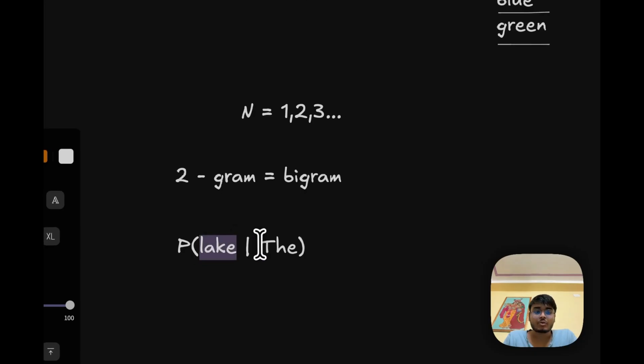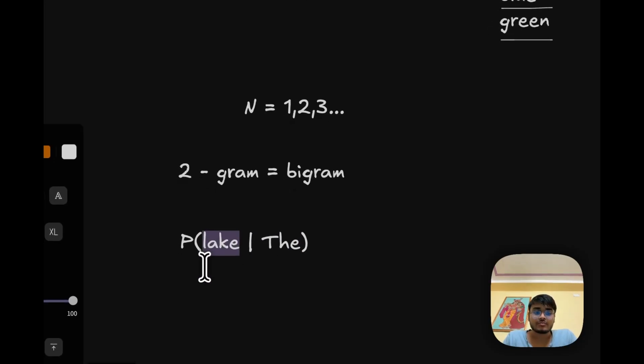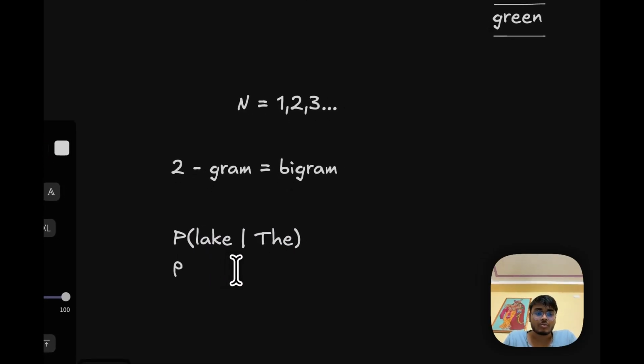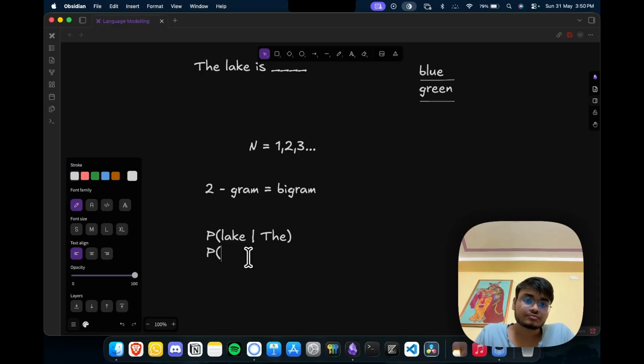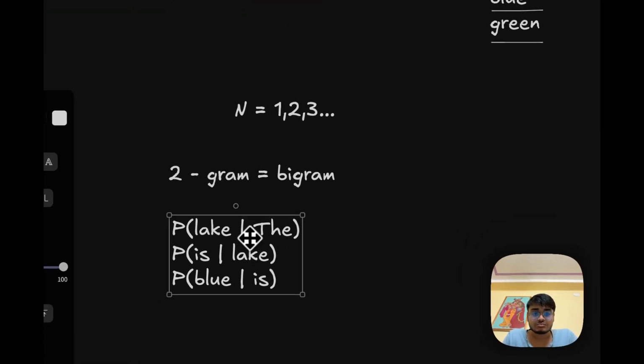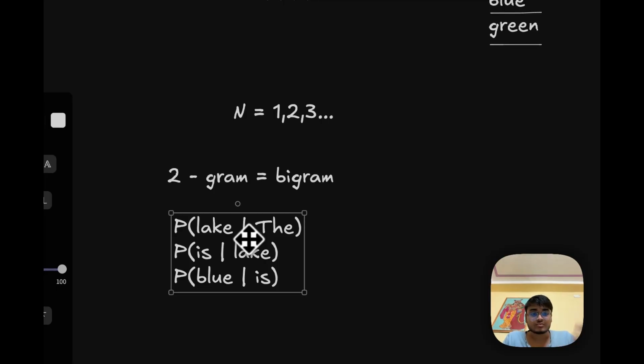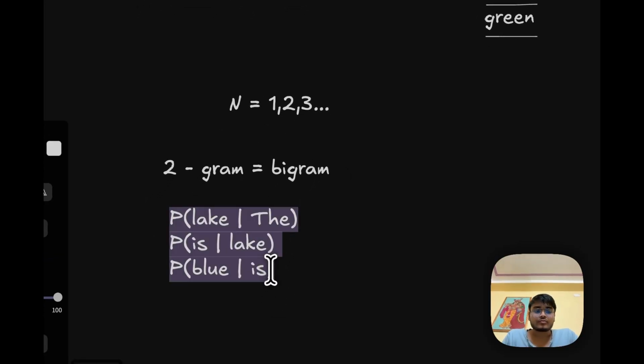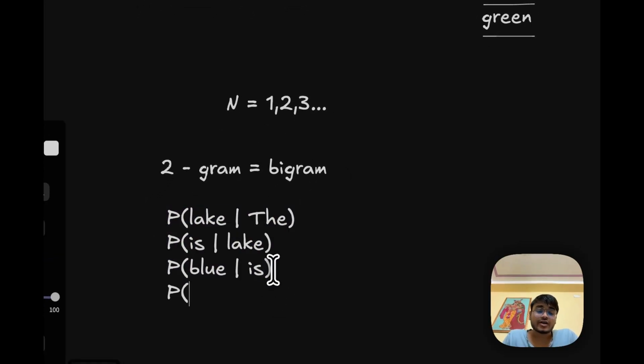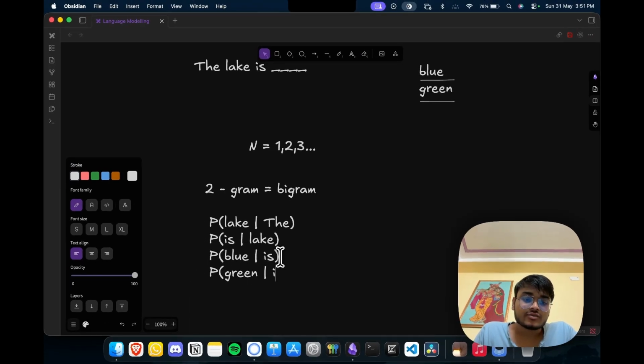So we are finding the probability of lake after the, the probability of is after lake, the probability of blue after is, and the probability of green after is.